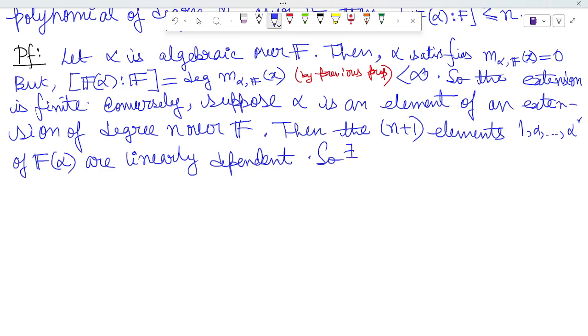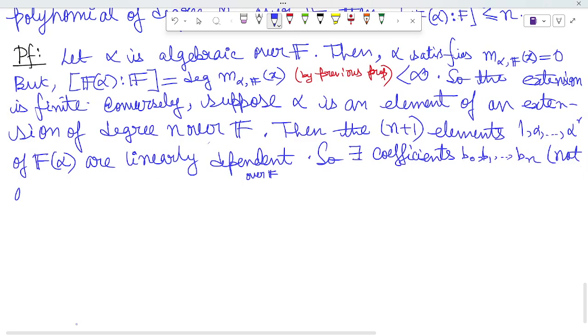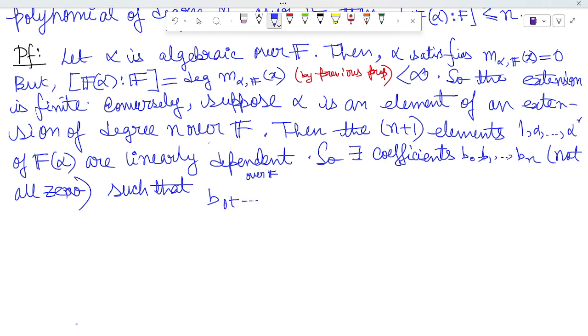There exist coefficients, or linearly dependent, over which field I need to mention: F, because I am doing the algebra over F. So there are coefficients d0, d1, ..., dn, not all zero. That is an equation of linear dependency.